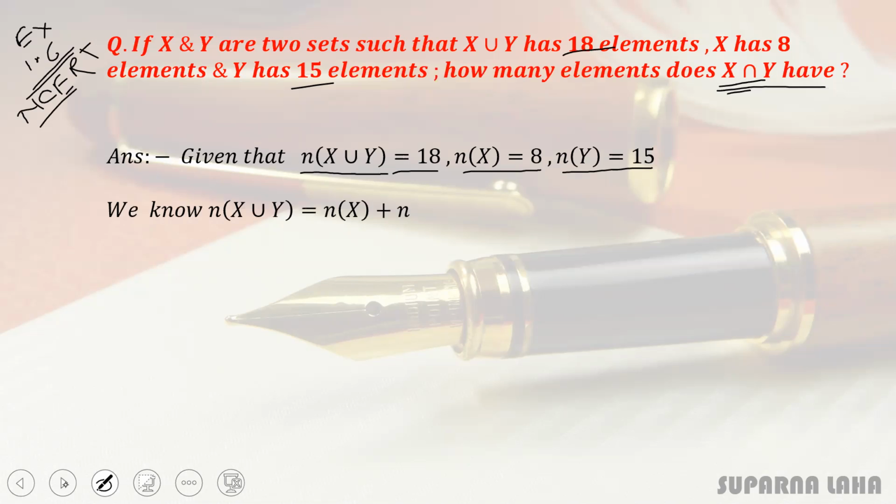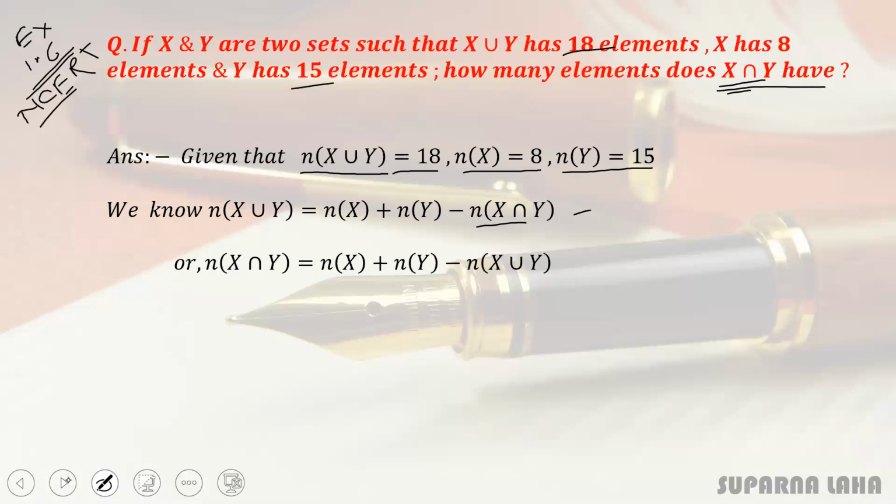Now it's very easy to find x intersection y since you know the formula. So apply the formula, that is the number of elements in x union y is equal to the number of elements in x plus the number of elements in y minus the number of elements in x intersection y. So keep this one on your left hand side and the remaining terms on your right hand side. So write it down. That is, the number of elements in x intersection y is given by 8 plus 15 minus 18.